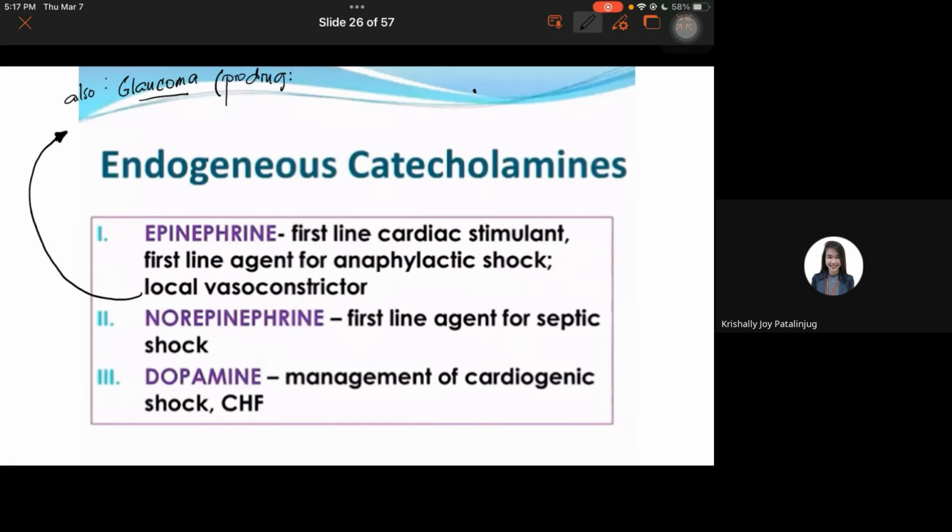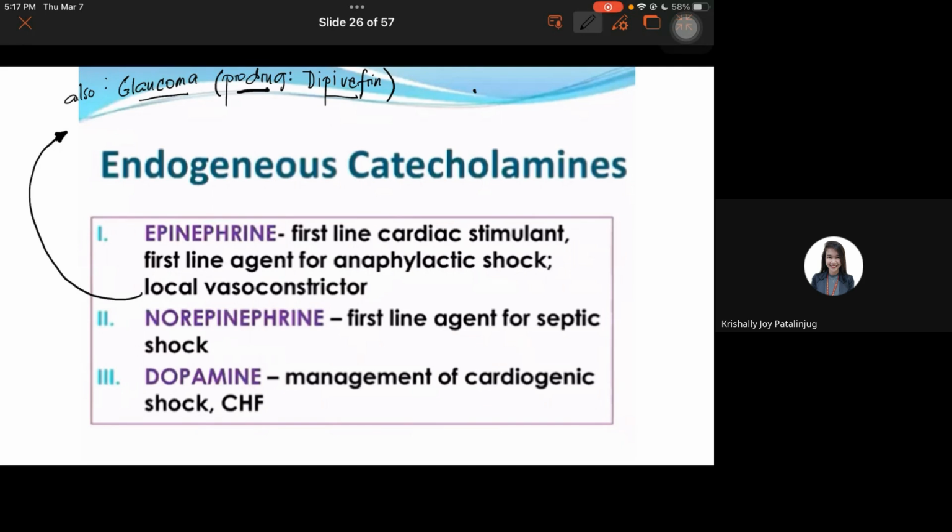Ang prodrug ng epinephrine, we call it dipivefrin. Again, yan yung preparation na ginagamit to treat glaucoma. It's a prodrug of epinephrine. It's not the actual epinephrine, but the prodrug of it, yun yung may benefits towards treating glaucoma.